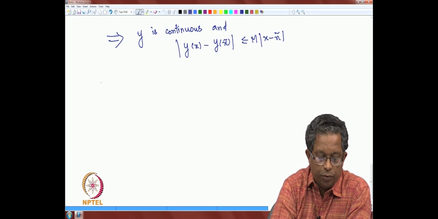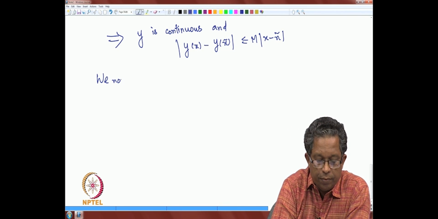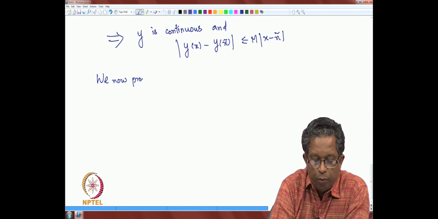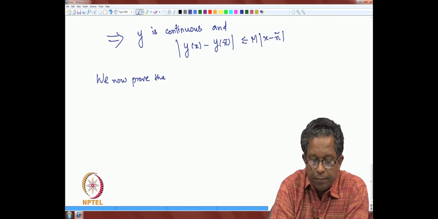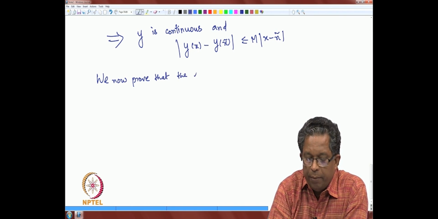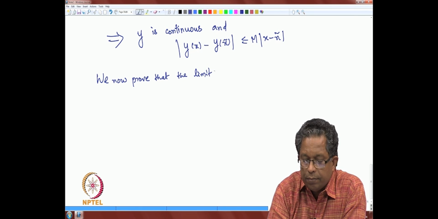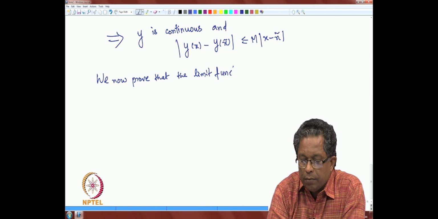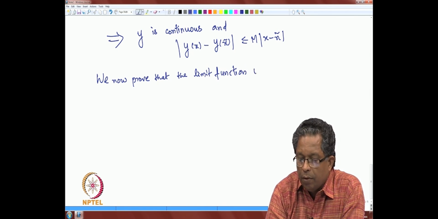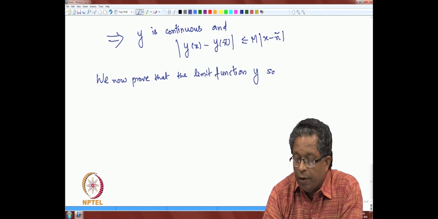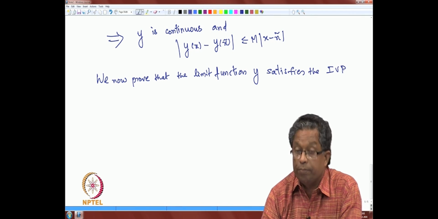So, we now prove that the limit function y satisfies the initial value problem.